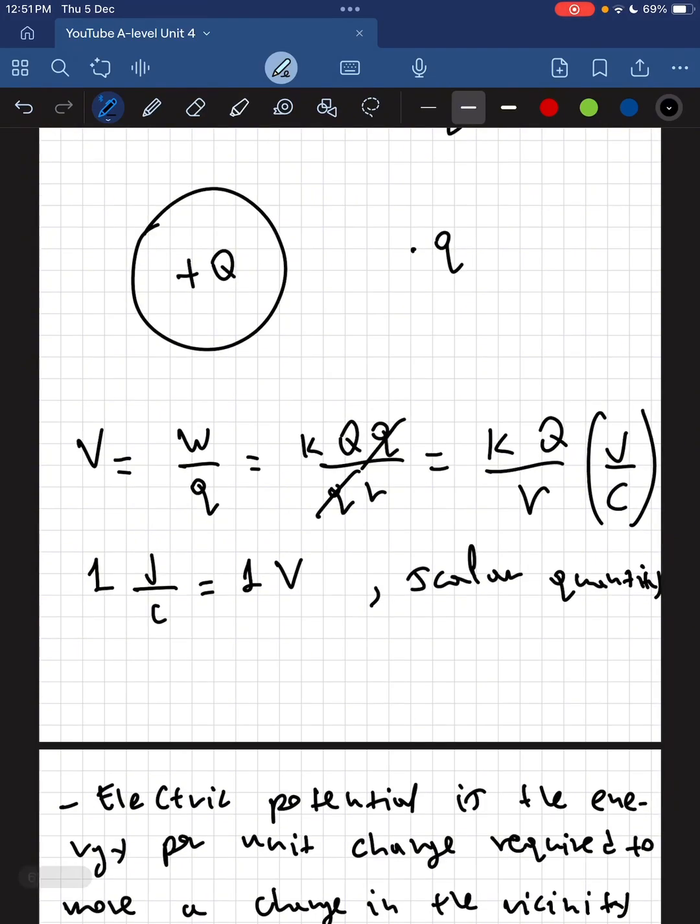So, for example, if we have a potential of 1 volt, which is 1 joule per coulomb, and a charge of 1 coulomb, then we will need 1 joule to move that 1 coulomb through that electric potential, okay?